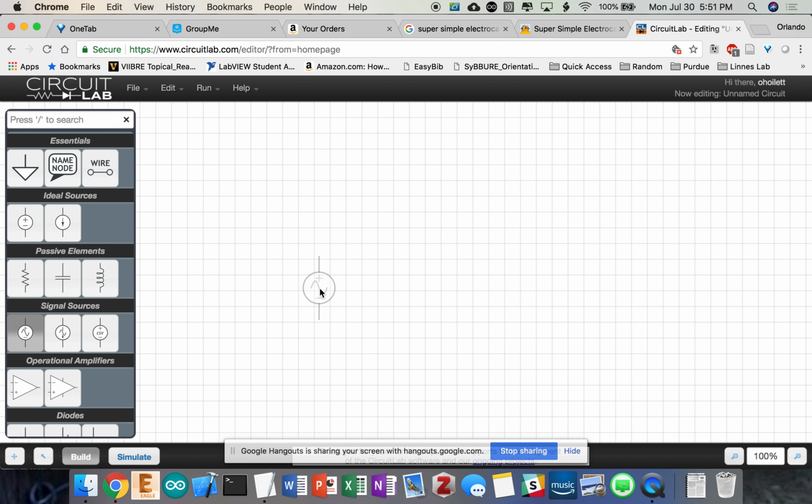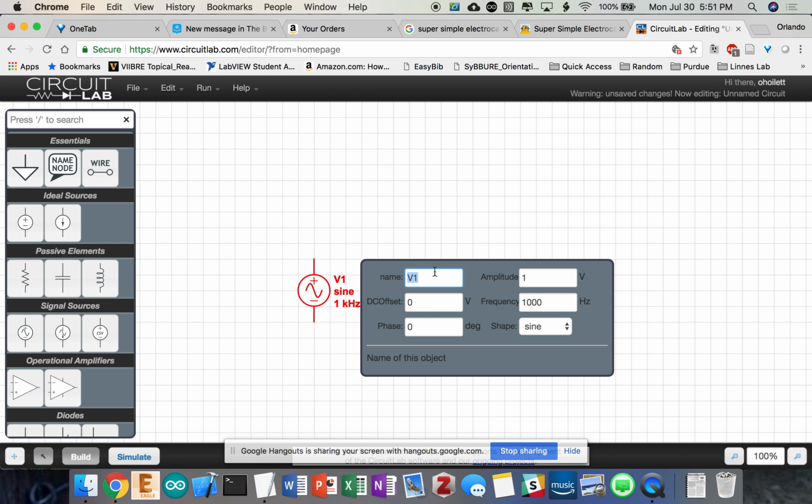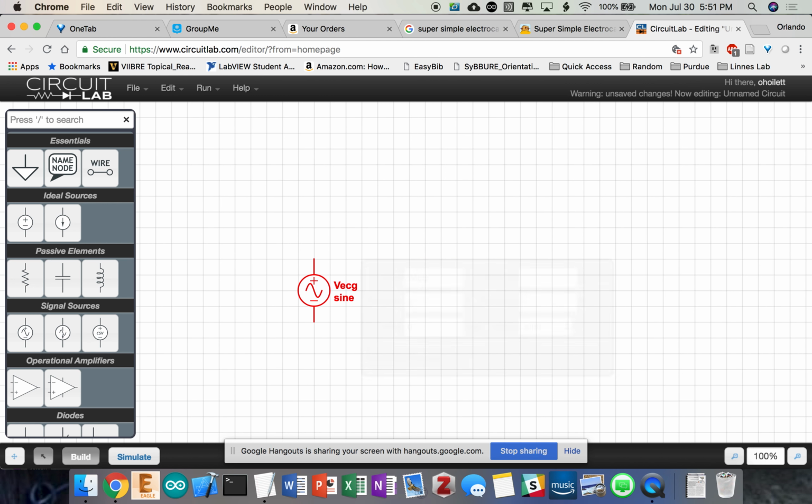Let's see, if you imagine I have some sort of signal here, and you can call that ECG. And it's not a sine wave, it's a complex wave in this case, but that's kind of the idea.